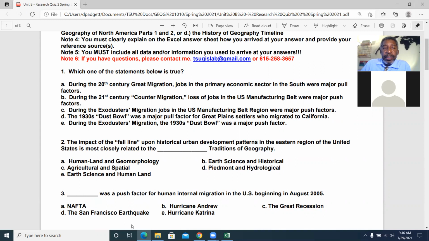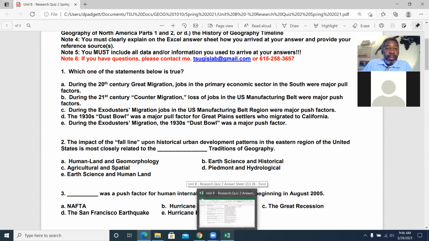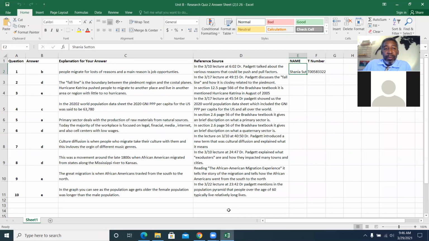Let's cut right to the chase. So Shania Sutton answered B. During the 21st century counter-migration, loss of jobs in the U.S. manufacturing belt were major push factors. So B was the correct answer to that question.